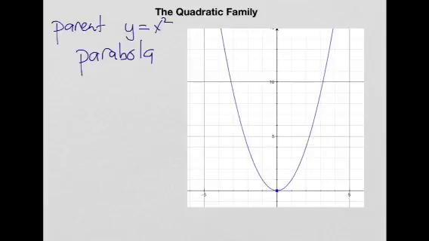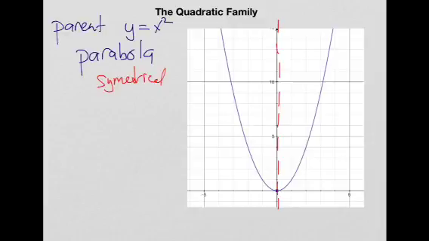One of the important things about this is that it is symmetrical. If we look at this, it looks like a mirror image. We can put a line right down the middle, kind of cut it in half, and one side is a mirror image of the other side.